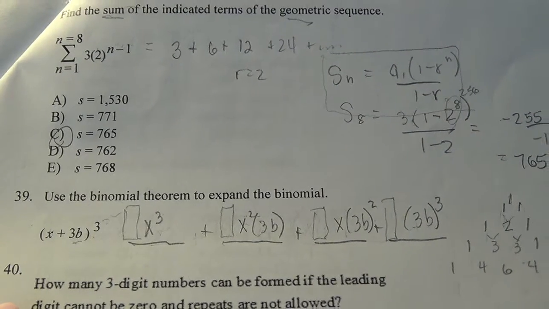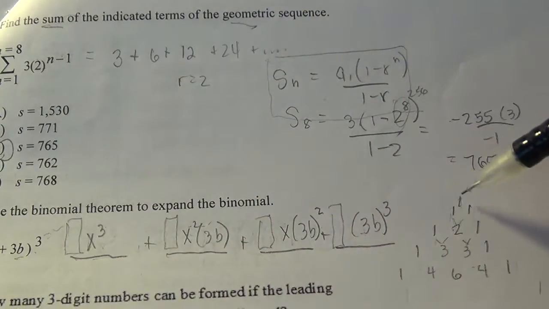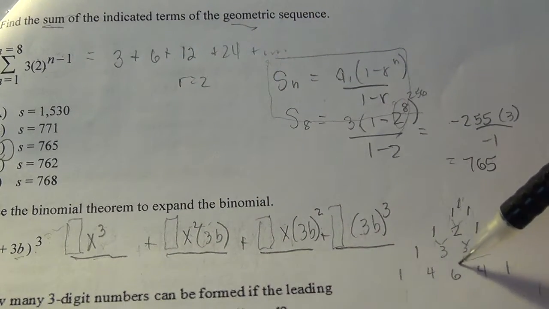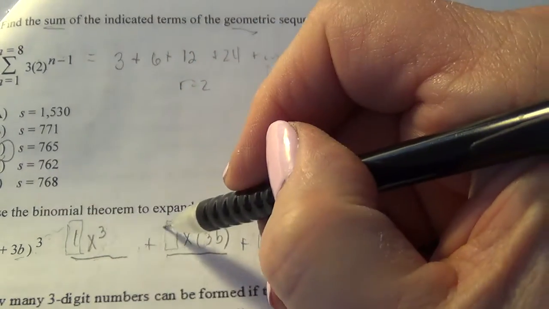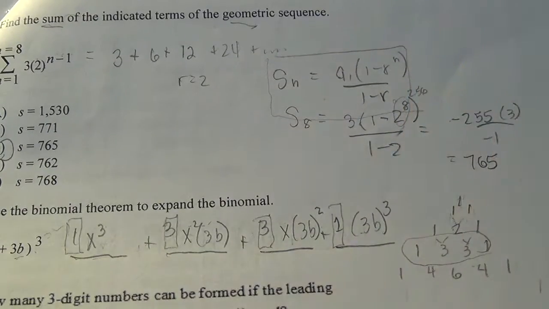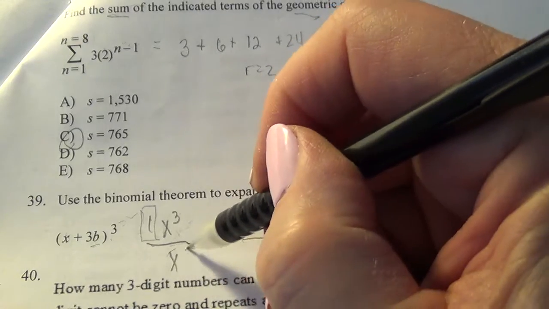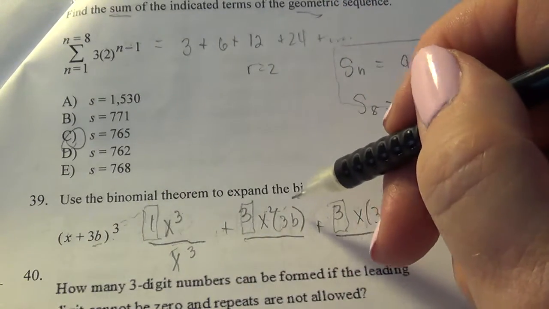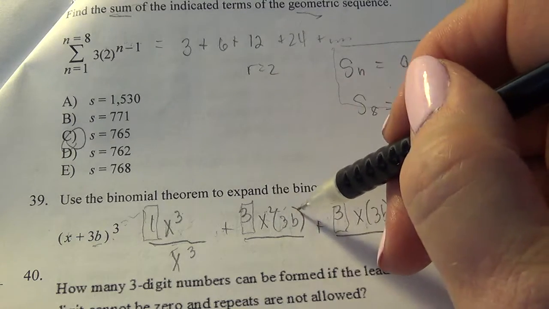Alright, now we need the coefficients, and we have 4 terms, so we're going to go to the row that has 4. So we're going to grab 1, 3, 3, and 1. And now it's just a matter of simplifying these. 1x cubed is just x cubed. 3 times 3 is 9, x squared b.